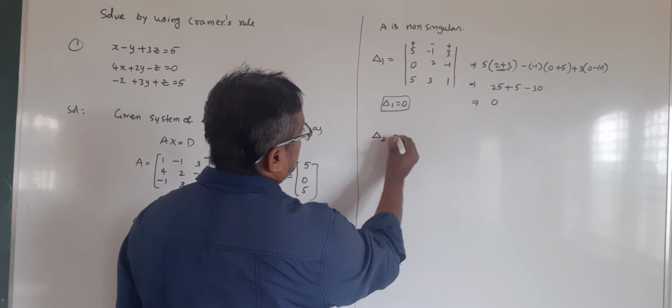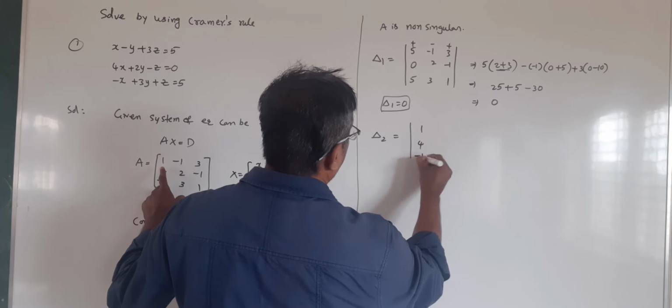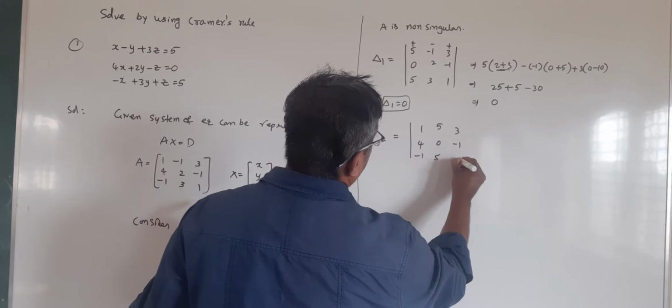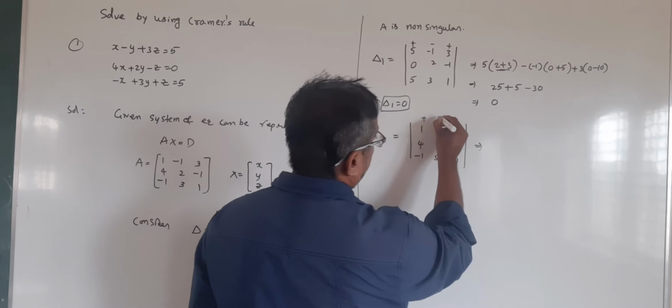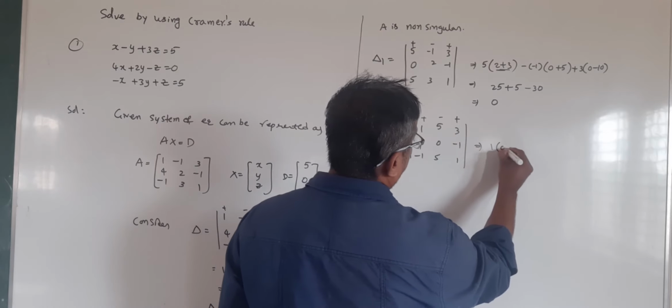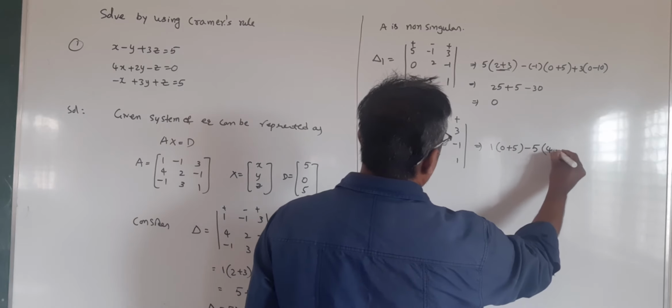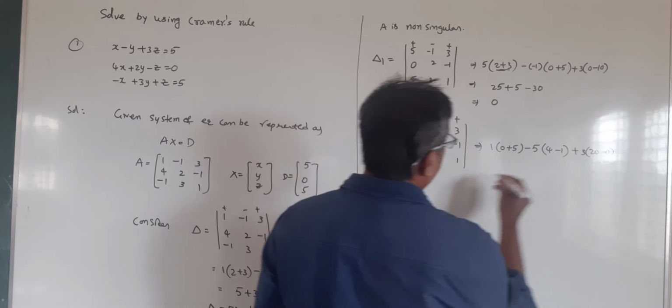Now delta 2 is equal to the determinant 1, 4 minus 1, 5, 0, 5, 3 minus 1, 1. So plus minus plus. So 1 into 0 plus 5, minus 5 into 4 minus 1 plus 3 into 20 minus 0.